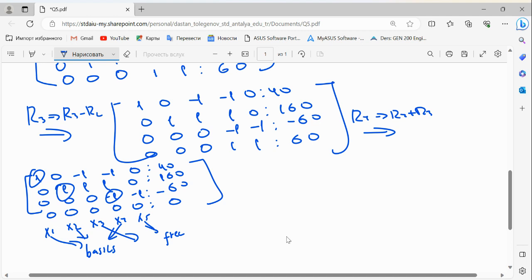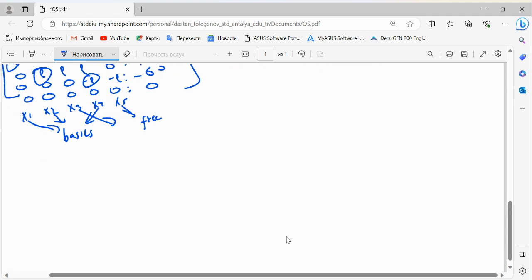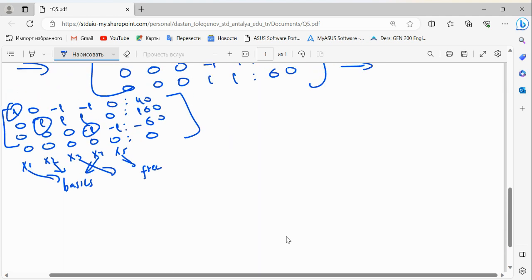So right now let's construct the equations. Starting from the third equation: minus x4 minus x5 equals minus 60. Second equation: x2 plus x3 plus x4 equals 160. And the first equation: x1 minus x3 minus x4 equals 40.